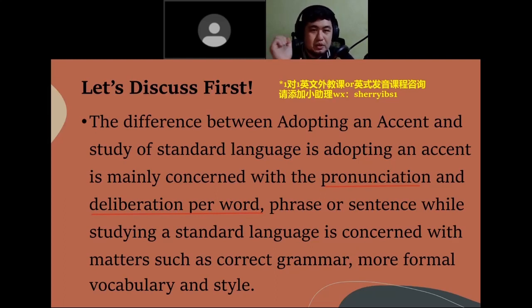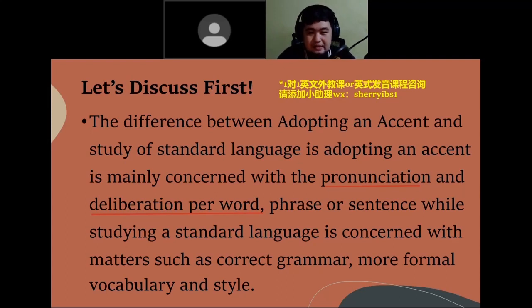For example, there are words in the British way of speaking English, instead of saying the word garbage, something that's waste, they say it as rubbish.